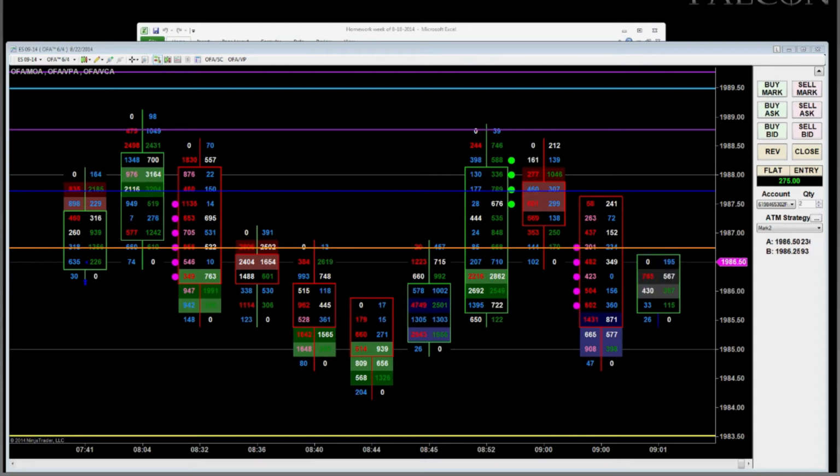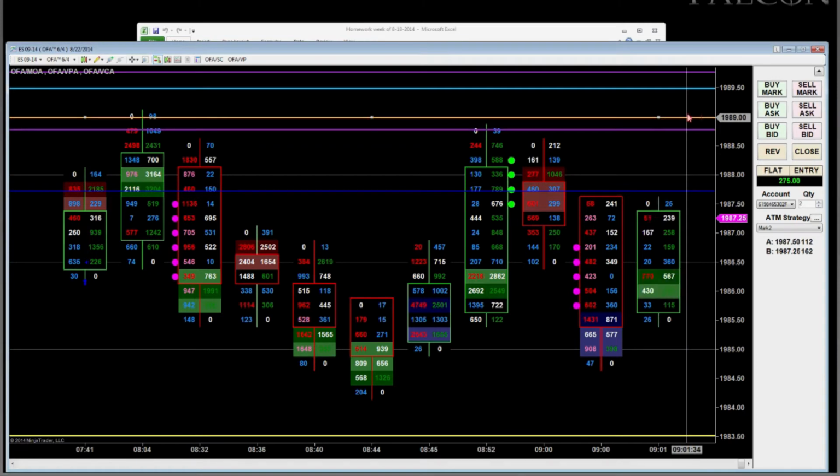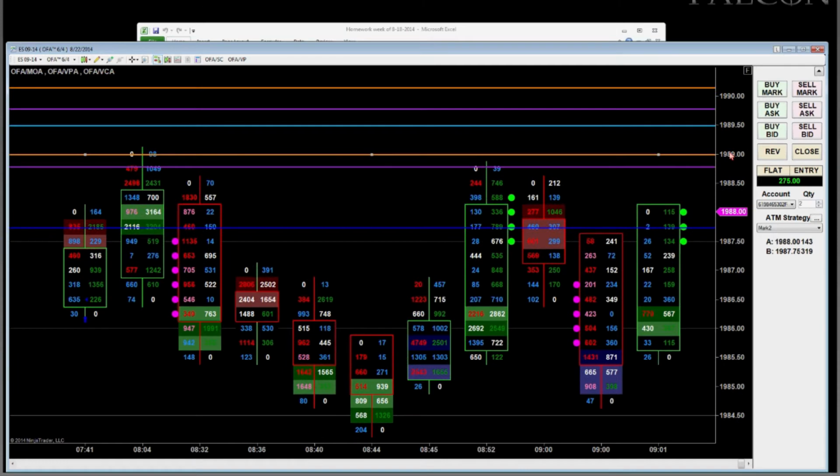Looks like the opening swing high was 89.89. And I have opening swing low at 85.50.